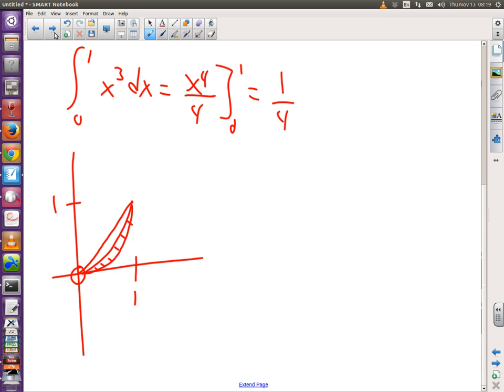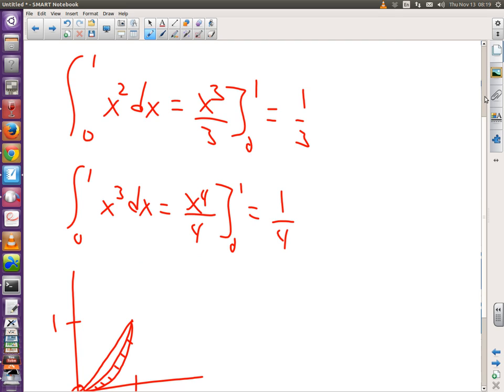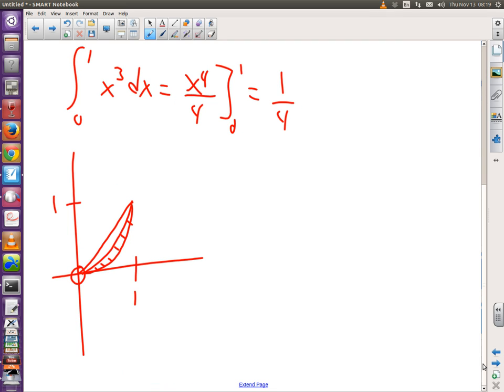Subtract the area bounded by x squared and the x-axis, which was 1/3, minus the area bounded by x cubed and the x-axis. The area between them is the higher minus the lower, so 1/3 minus 1/4.